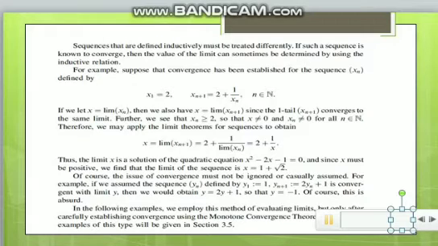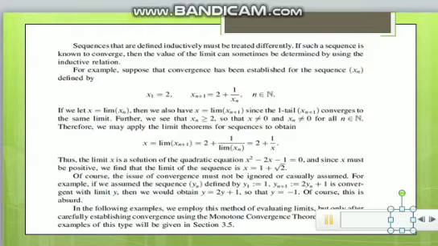Thus, the limit x is a solution of the quadratic equation x squared minus 2x minus 1 equal to 0. Since x must be positive, we find the limit of the sequence is x equal to 1 plus square root of 2. Of course, the issue of convergence must not be ignored or casually assumed.